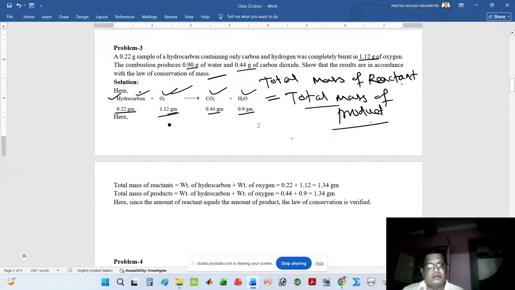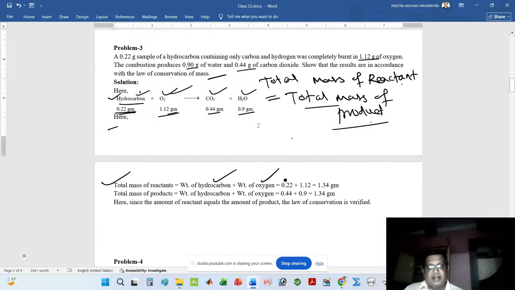Look at that. Your hydrocarbon and oxygen are considered as the reactant. Carbon dioxide and water are treated as the product. So here I can say that total mass of the reactant means weight of the hydrocarbon plus weight of the oxygen. Your weight of hydrocarbon means 0.22 gram.